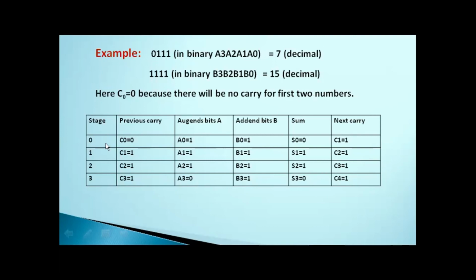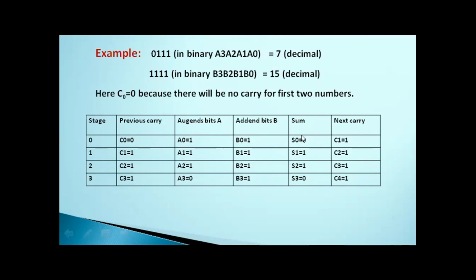At stage 0, the initial carry is 0 and augend bits A0, A1, A2, A3 are 1, 1, 1, 0 and addend bits are B0, B1, B2 and B3. Now we will add the carry, augend bit and addend bit. 0 plus 1 plus 1.